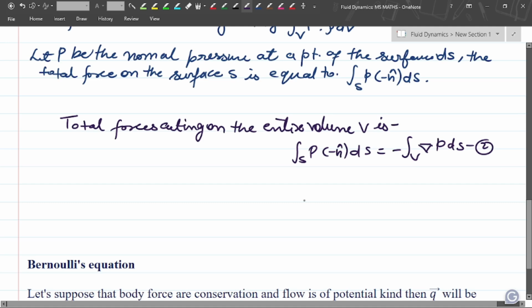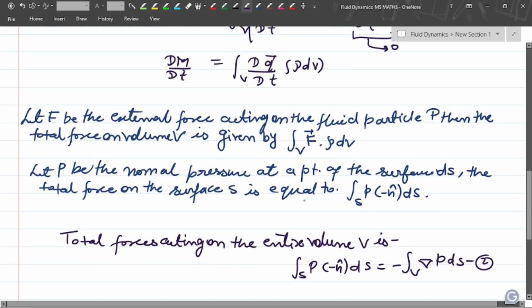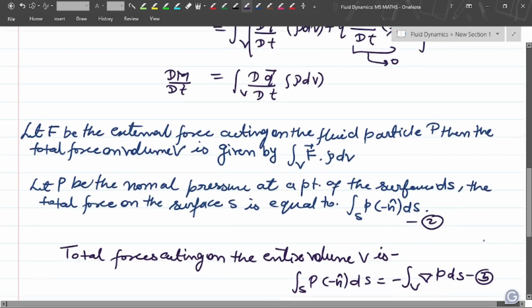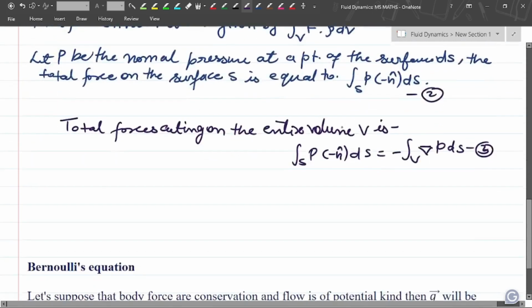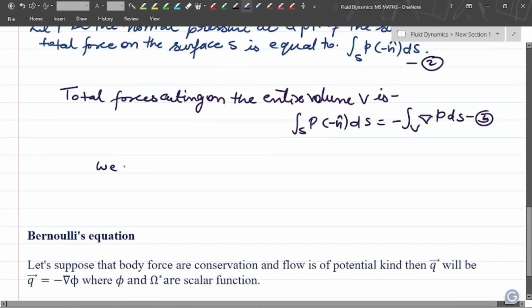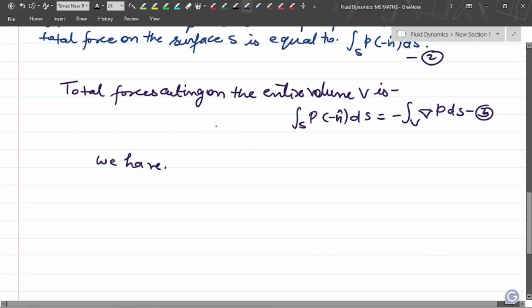Now this relation can be used for this. This is your equation number 2, this is your equation number 3, and this is basically the equation number 1. Now what we can do in this way is the integration over V of dou q vector by dou t rho dV.